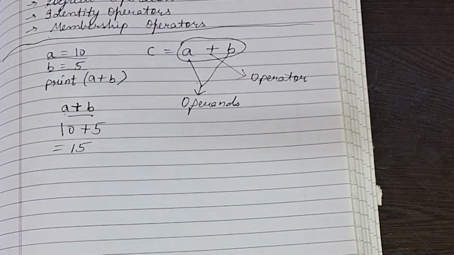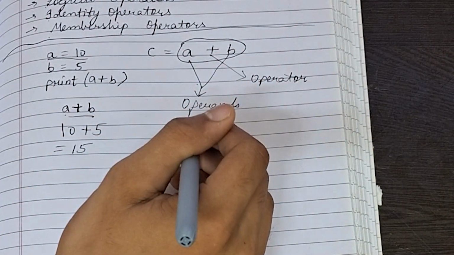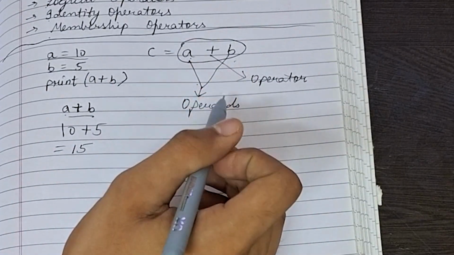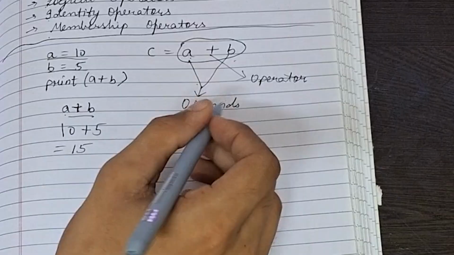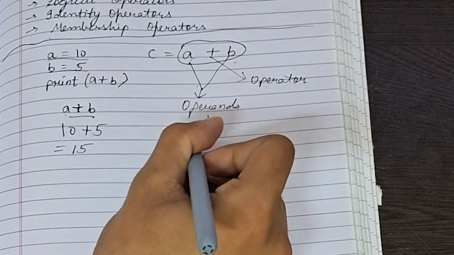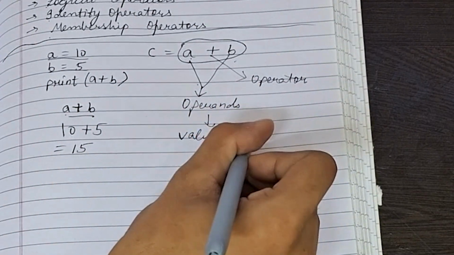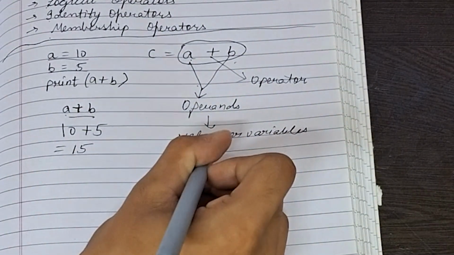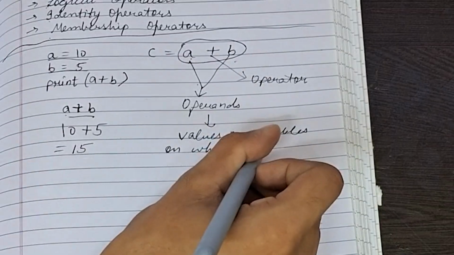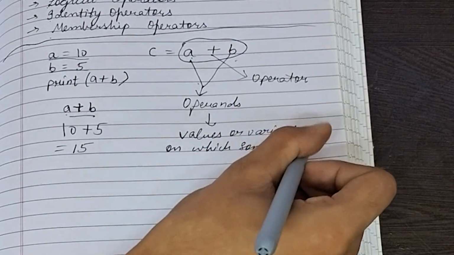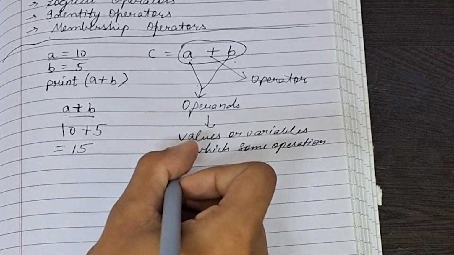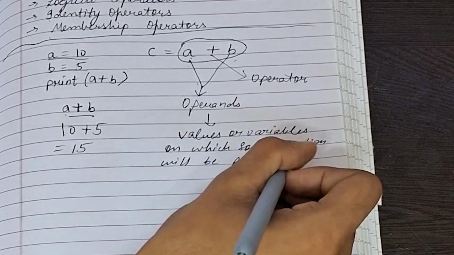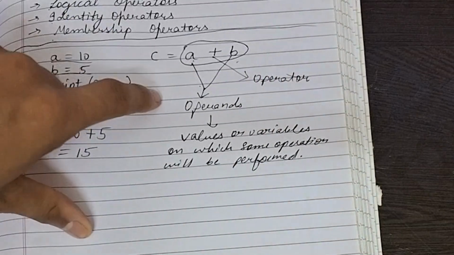So what does operand mean? An operand means the values or variables on which some operation is going to be performed. What are operands? Values or variables on which some operation will be performed. This is the simple meaning of operands.